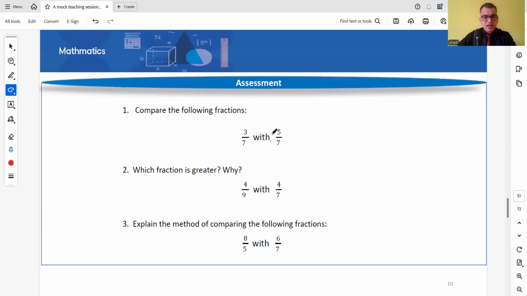Very nice. Yes, thank you. This one is bigger. And Sophia, you compare these two fractions. Which one is bigger? Very nice. Thank you so much. Yes, Sophia, this one is bigger. And Alex, you compare these two. Yes. Okay. All right.